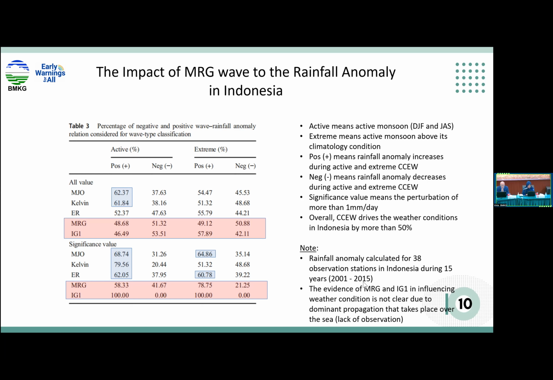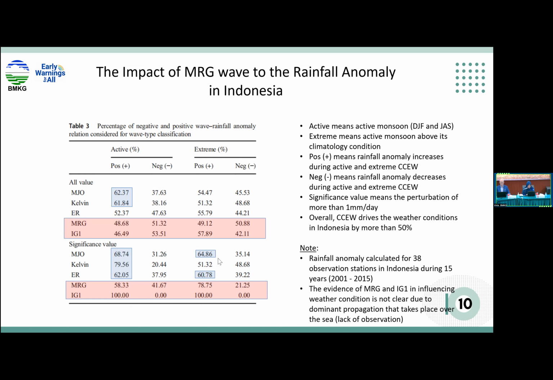So we calculate the anomaly precipitation in 38 observation stations in Indonesia from west to east. And the evidence of mixed Rossby-Gravity and inertia gravity waves influencing weather condition is not clear due to dominant propagation that takes place over the sea. But I think that is mostly for inertia gravity, because the mixed Rossby-Gravity wave still has evidence in Java Island and also Nusa Tenggara.